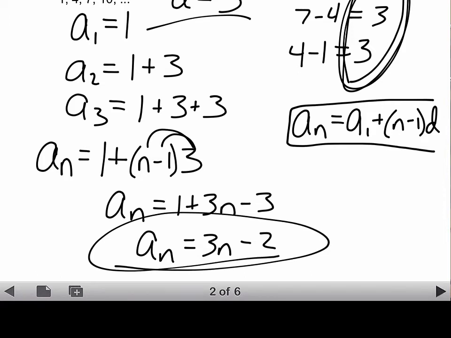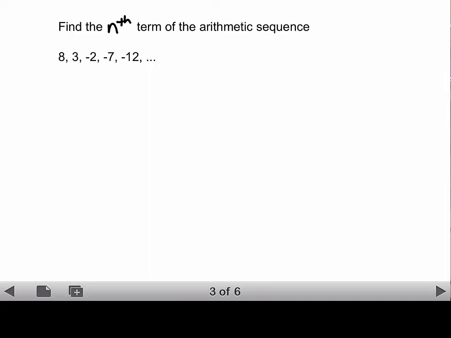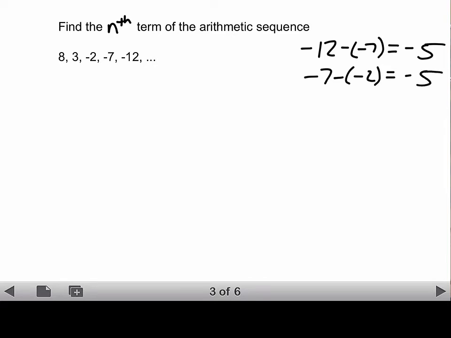On to the next. Find the nth term of the arithmetic sequence 8, 3, negative 2, negative 7, negative 12. Negative 12 minus negative 7 is going to turn out to be negative 5. Negative 7 minus negative 2 is going to turn out to be negative 5. And we can quickly mentally verify that it's going to be negative 5 every time, indicating that the common difference is negative 5.